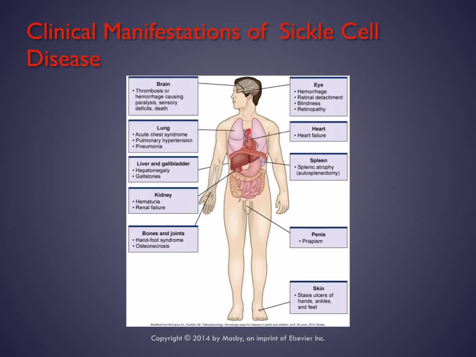So liver and gallbladder, they can be hepatomegaly, gallstones, priapism, skin ulcers of hands and ankles, bones and joints can get affected, hand-foot syndrome. In the eye, there can be retinal detachment, brain thrombosis or hemorrhage causing paralysis, sensory deficit, or even death. So these are some of the manifestations of sickle cell disease.